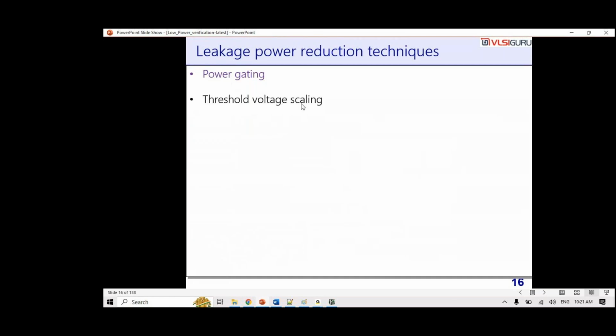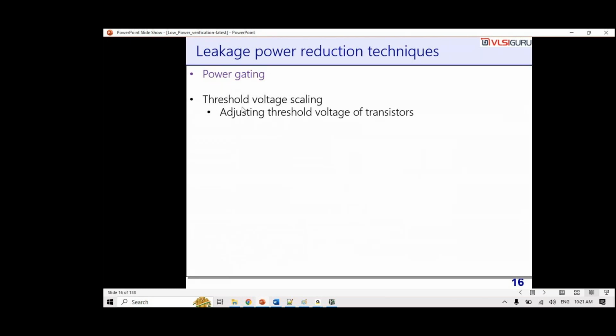Second is threshold voltage scaling. As you increase the threshold voltage, the transistor leakage will be reduced automatically. Adjusting the threshold voltage of the transistors is one of the very important techniques used in all these power management techniques. When you are not very particular about performance, but you want to reduce the leakage current, we'll always go for high threshold, high VT transistors.